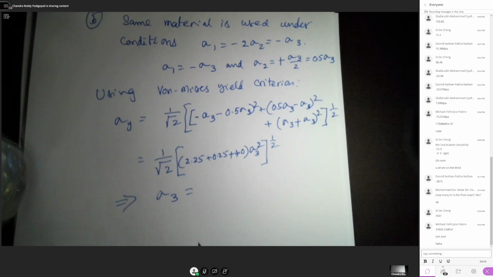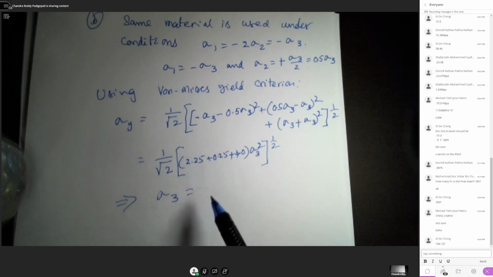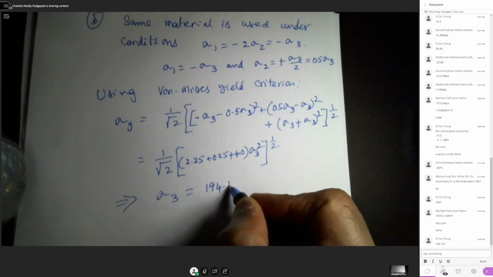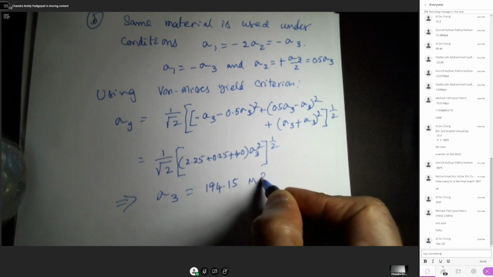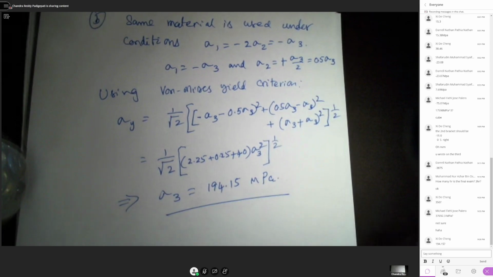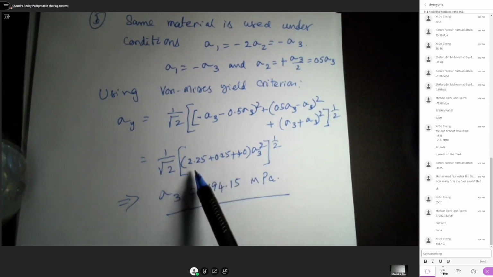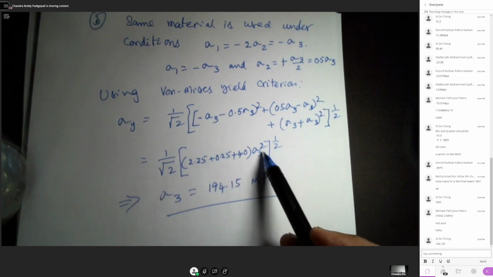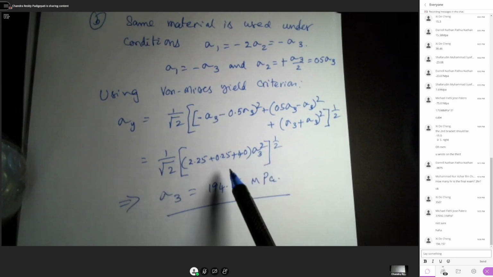So this is simply, I think you get, that's correct, 194.15. So you get this one is 6.5 over square root 2. Sigma 3 outside you take.